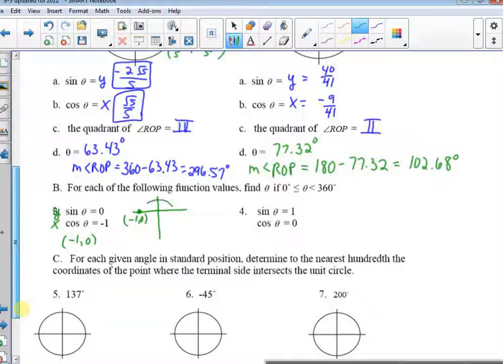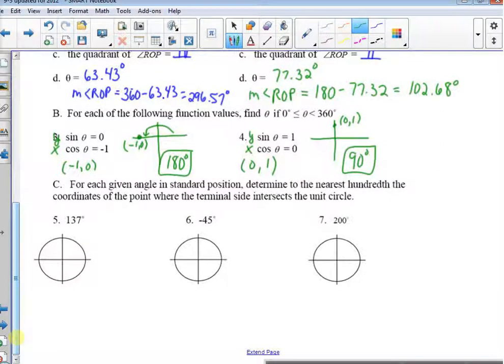We need it to be between 0 and 360, so it's got to be 180. Can't be negative 180. And here, again, here's x, here's y. So where is 0 comma 1? Well, if I plot up here, here's 0 comma 1, and that's 90 degrees. So those are the answers for that.